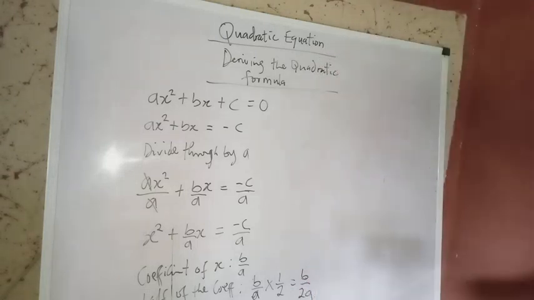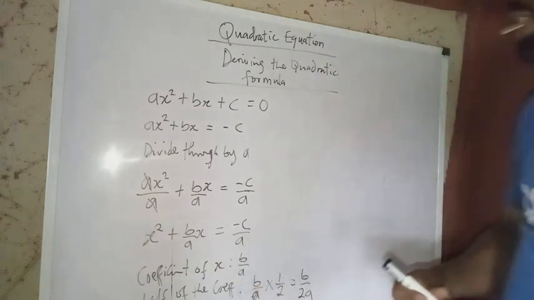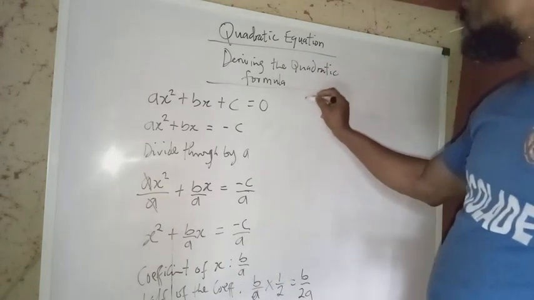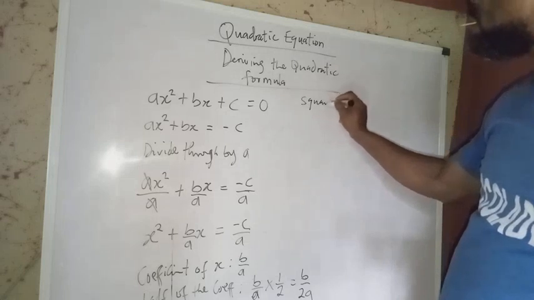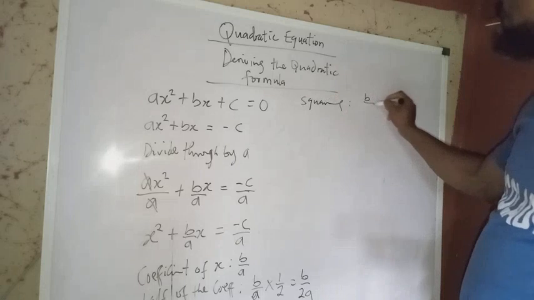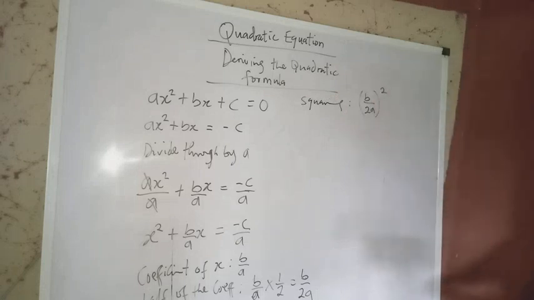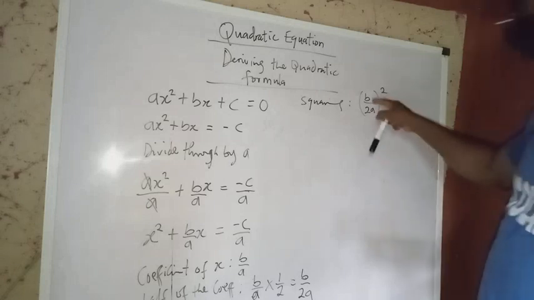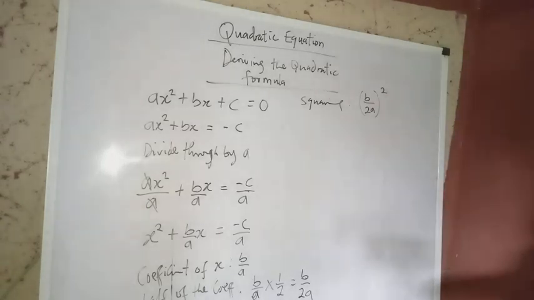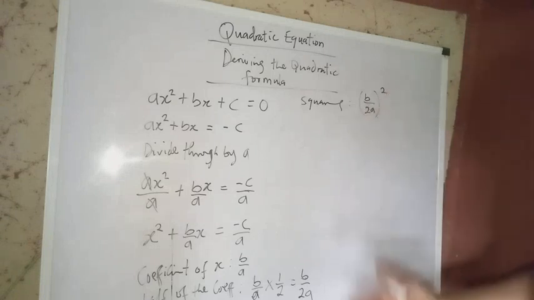Now, remember, we are supposed to square it. When you square this, you get b over 2a all squared. Good. Now we are going to take this and add it to both sides of the equation.